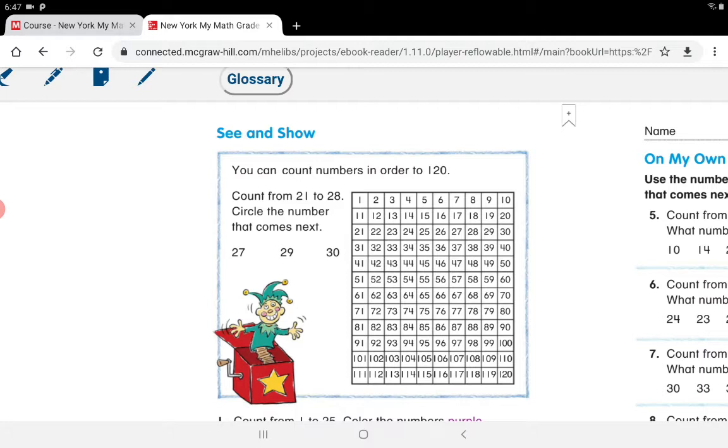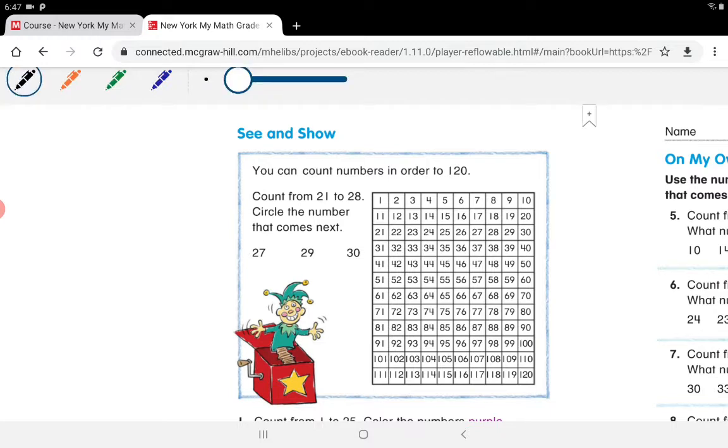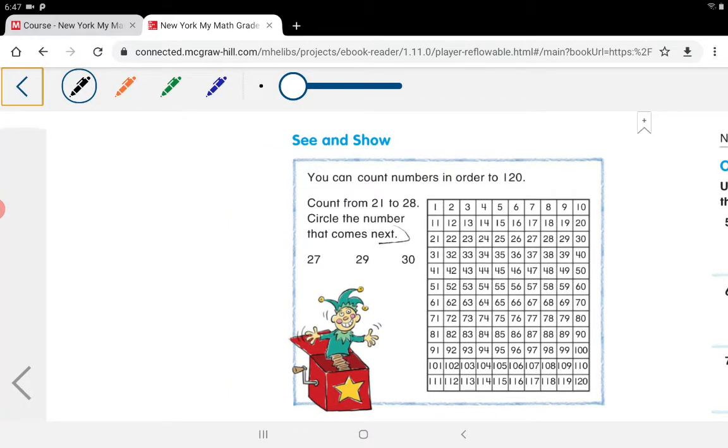We are subtracting. And if I see the vocabulary word next, then that tells me I need to count on. I need to count on one more number. And if I'm counting on one more number, then that means I am adding.